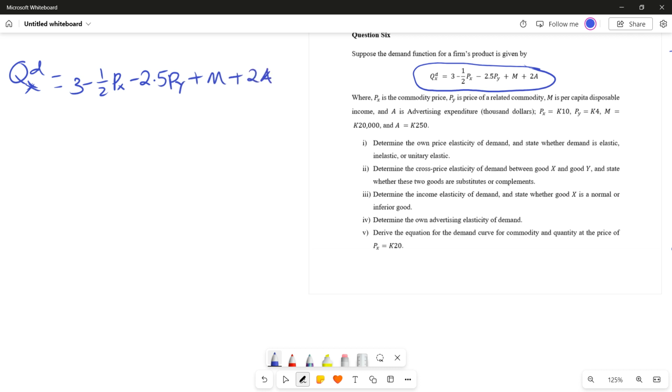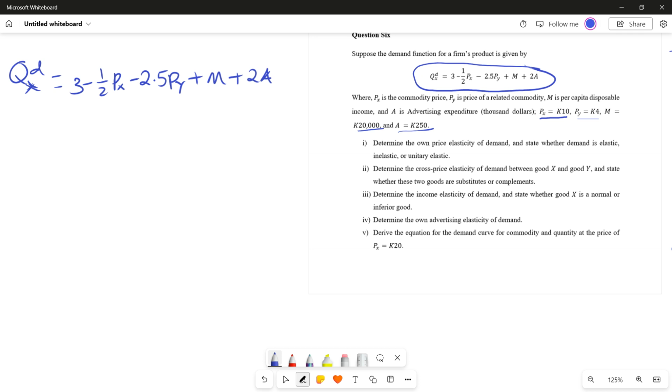Where PX is the commodity price, PY is the price of a related commodity, M is per capita disposable income, and A is advertising expenditure. We have also been told that PX is 10, the price of Y is 4, income is 20,000, and advertising expenditure is 250.